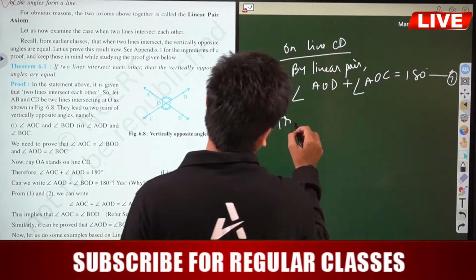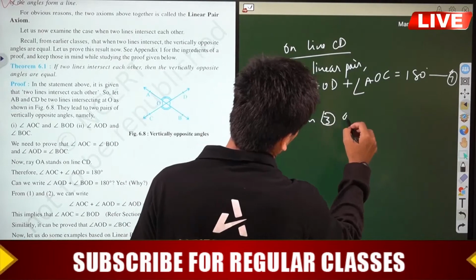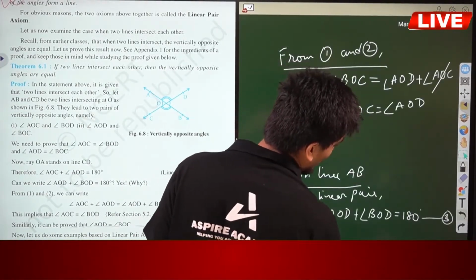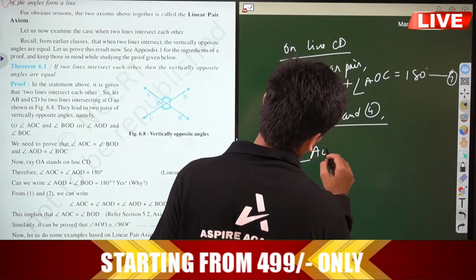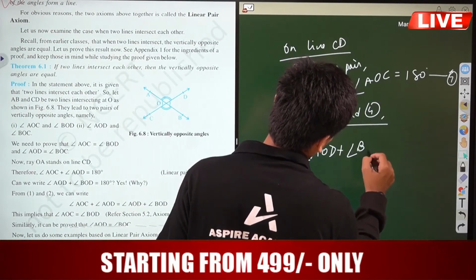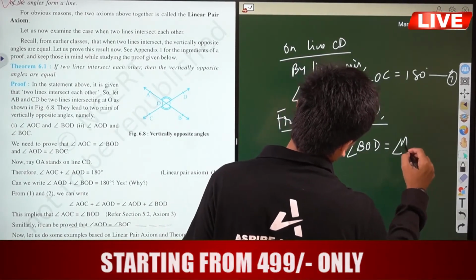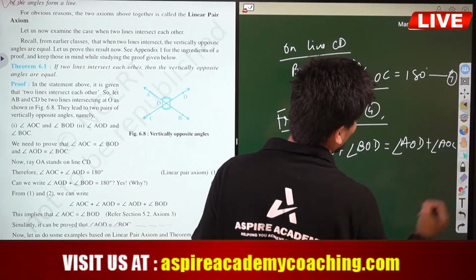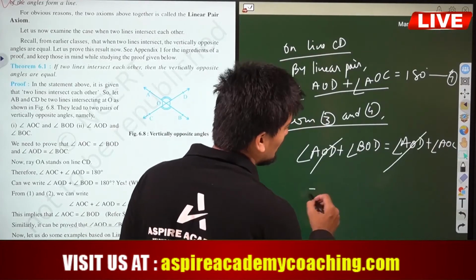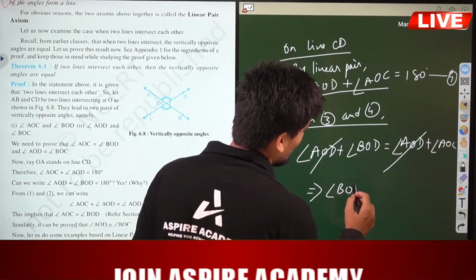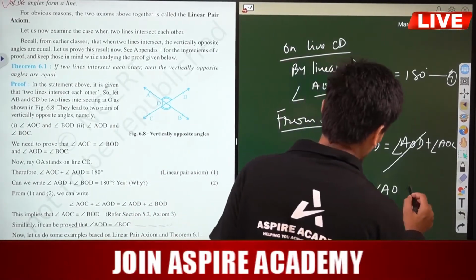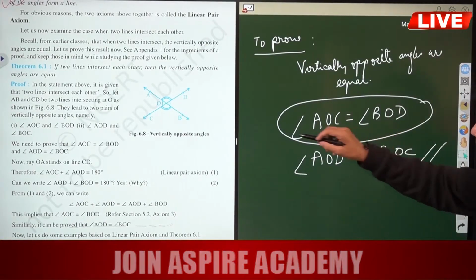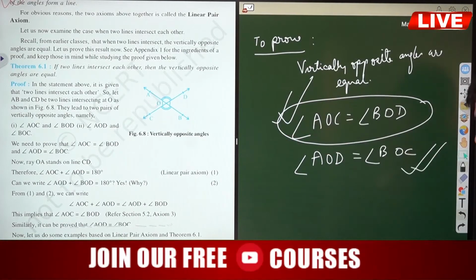Now from 3 and 4, we have angle AOD plus angle BOD is equal to angle AOD plus angle AOC. Now AOD gets cancelled out, and we have angle BOD is equal to angle AOC.